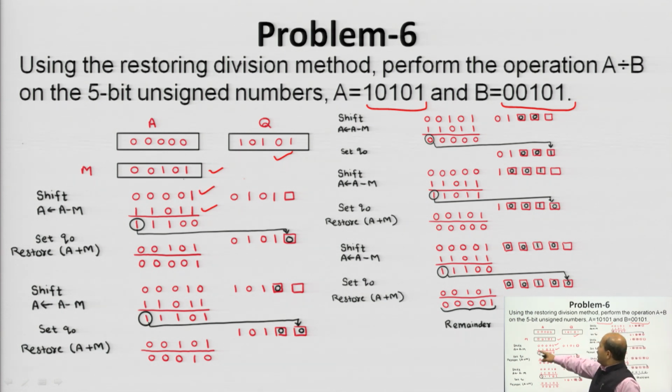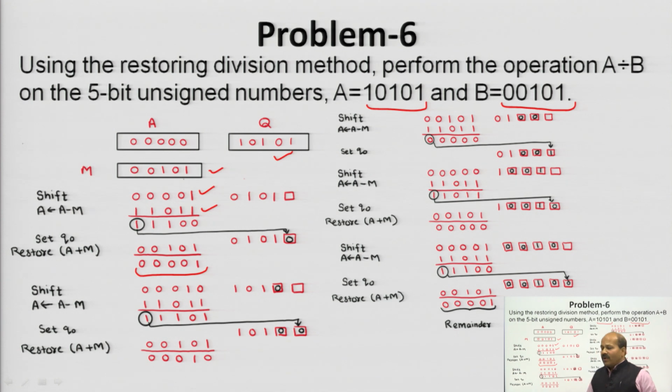After doing A minus M you will get 1 1 1 0 0 in the first cycle, and this bit is 1, we will set Q naught equals 0 and we have to restore. The restoration operation is nothing but A equals A plus M. So, M will be added to the A values, and after doing the A plus M operation we will get 4 times 0 and 1. So, this is one complete cycle.